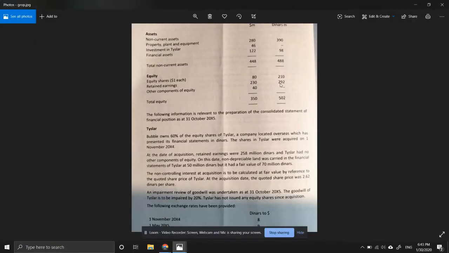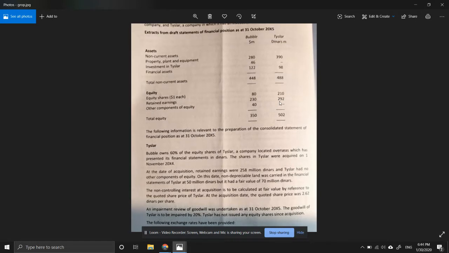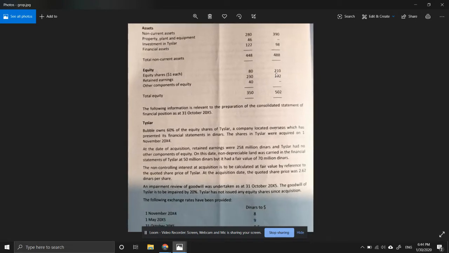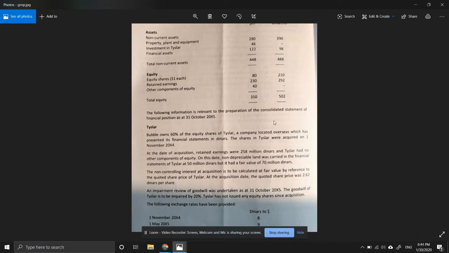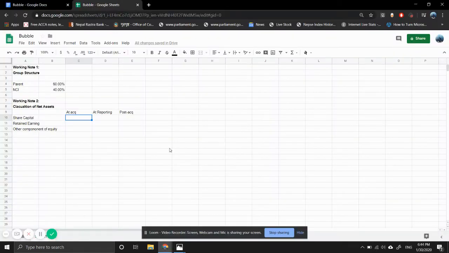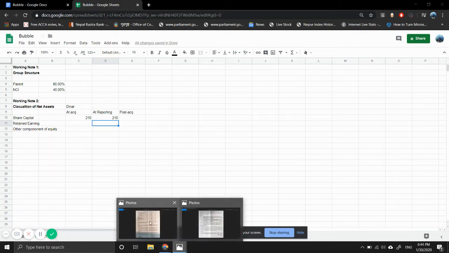So 210, right? 210. So this is in dinar. 210, and then retained earning. It's the retained earning.